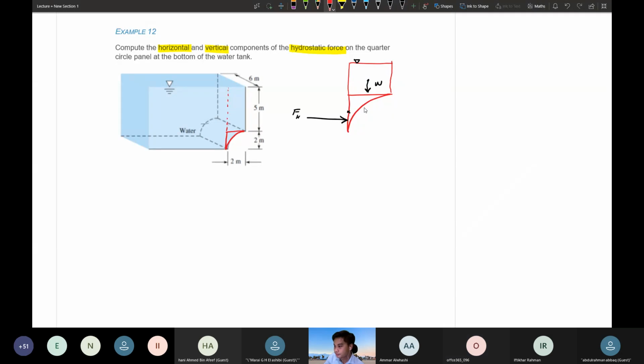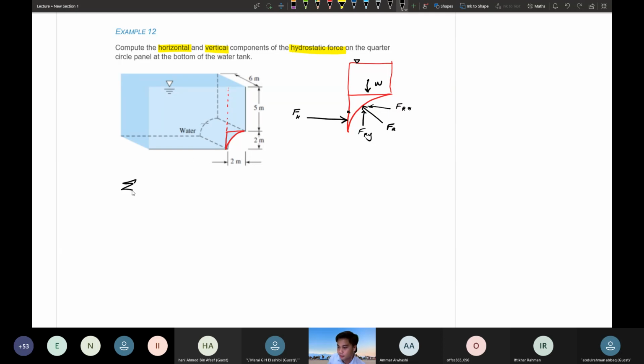So we have the reaction force, let's say FR. Because of FR, we separate into X and Y components: FRx and FRy.